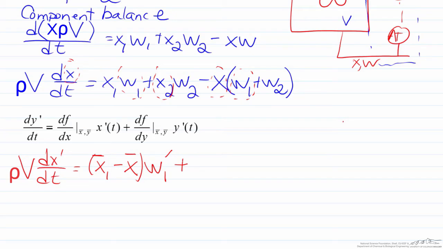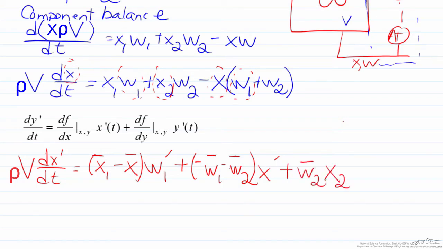Plus, the derivative with respect to X this time, so X is only in one place. So the derivative here will be negative W1 minus W2, and these will be evaluated at the bar values, multiplied by X prime. And then we'll take a look at our third variable here, which is just W2 bar, the derivative of the second term, multiplied by X2 prime.